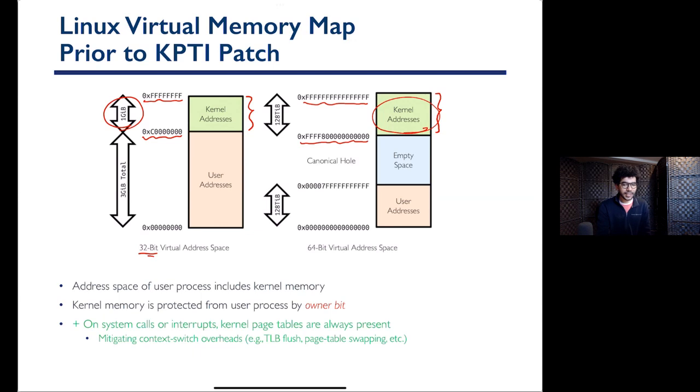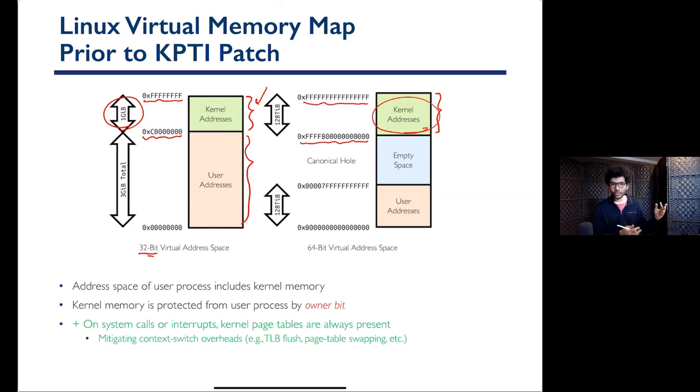Now, if the TLB is full with user data, with user address translation, and now I'm going to go to the kernel and do some translation, none of them are going to be in the TLB because the TLB is full of whatever the user has done.